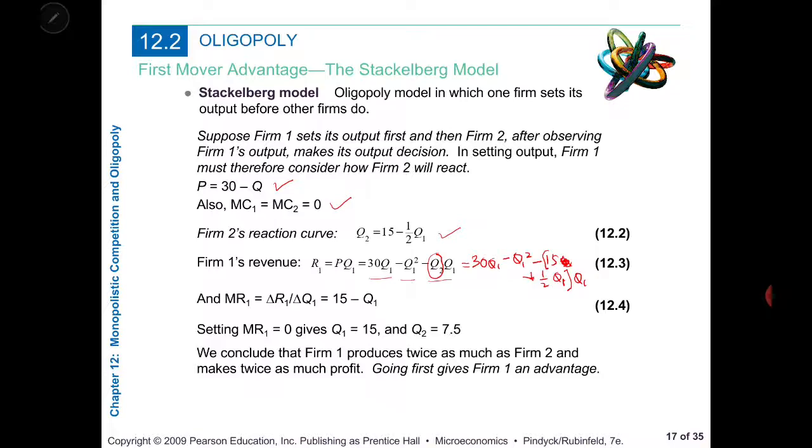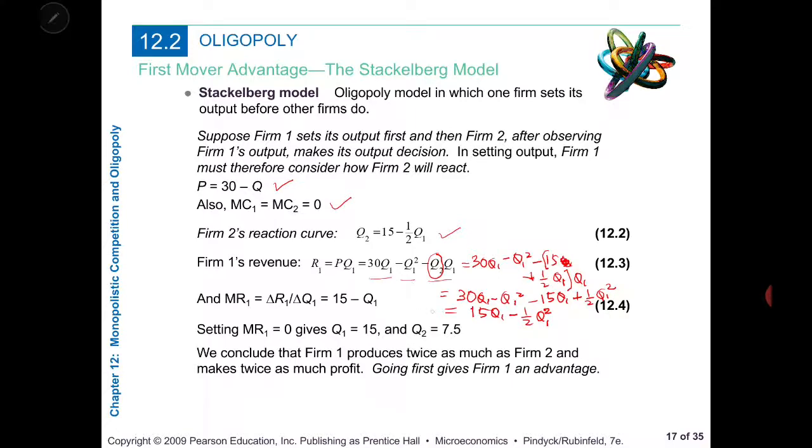Okay, and that will give us 30Q1 minus Q1 squared minus 15Q1 plus half of Q1 squared. Okay, and simplify further, so you have 15Q1 minus half of Q1 squared.